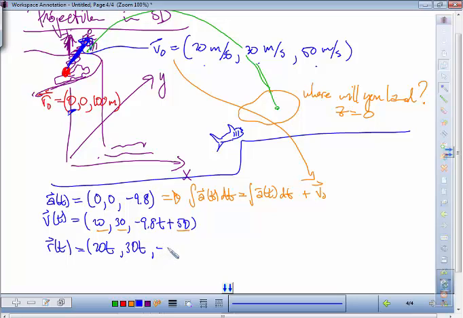And then negative 9.8. Oops, let's call it 4.9 since we're dividing it by 2. And then your initial position here was starting from a cliff that's 100 meters up.